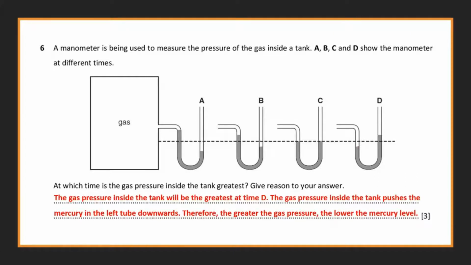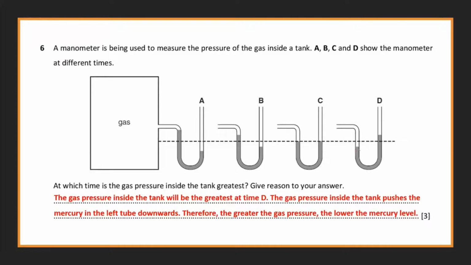So the lower the mercury level in the left tube, the greater the gas pressure inside the tank. So just choose the drawing with the lowest level of mercury in the left tube.